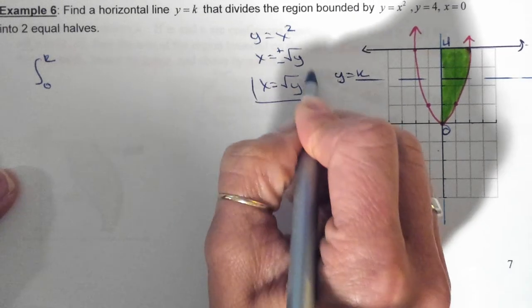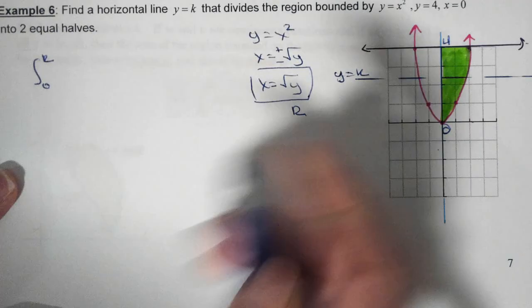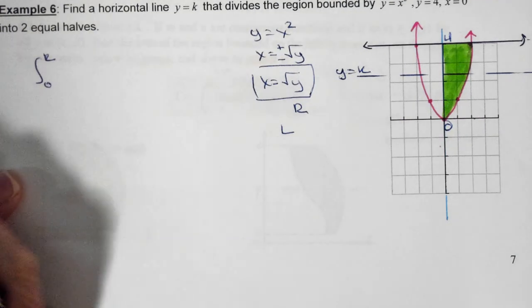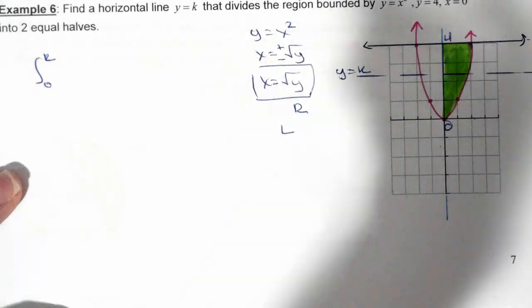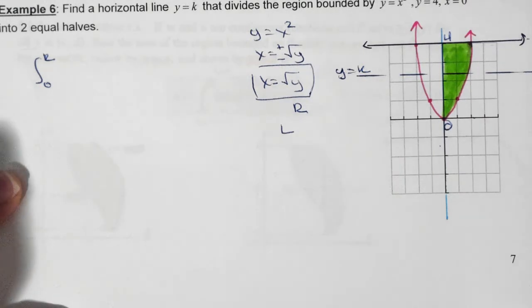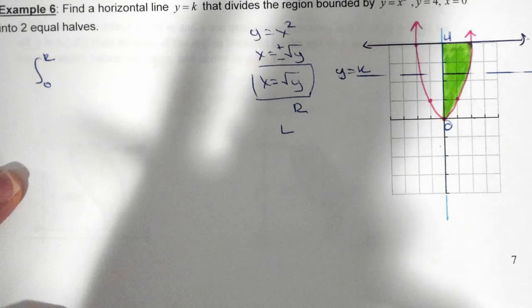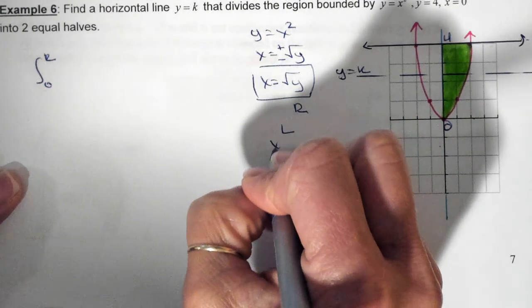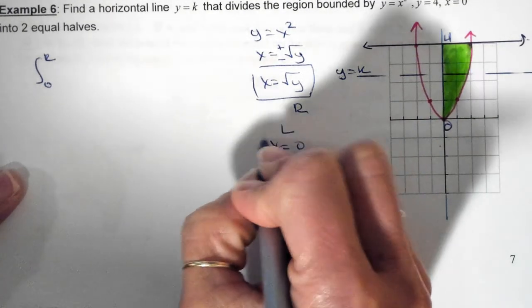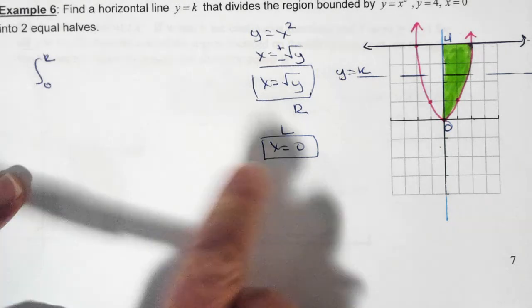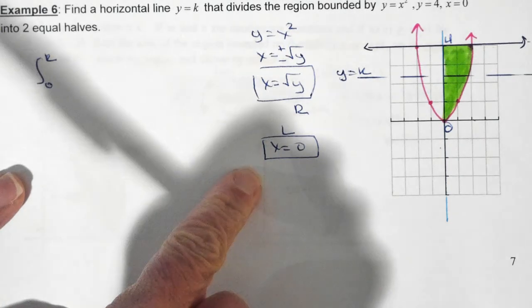Okay, so this is the right portion of my graph. What's the left? What's bounding me on the left of my green? Yes, but more specifically, x equals 0, right? Correct? Okay, now this should make more sense. I want the right minus the left.